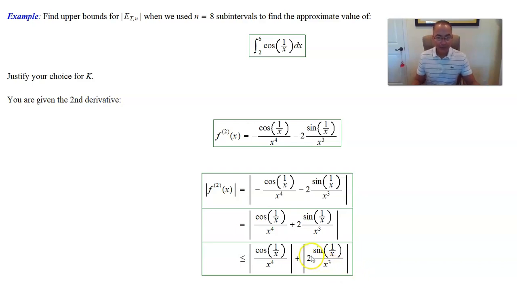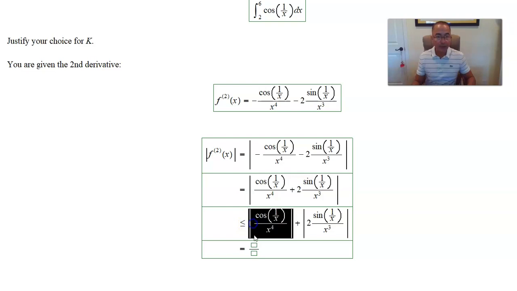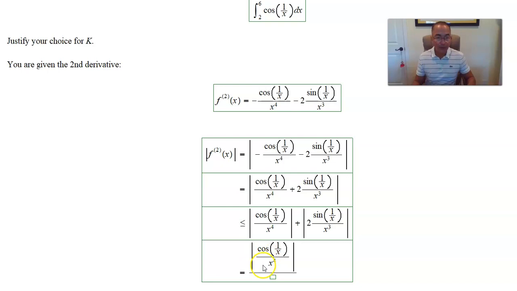Great. So now, well, we can use the product and quotient rules for absolute values. Okay. So now we can turn each. Okay, well, this is a quotient, so I can turn it into a quotient of absolute values. Right, so I can put absolute value of cosine 1 over x in the numerator by itself.